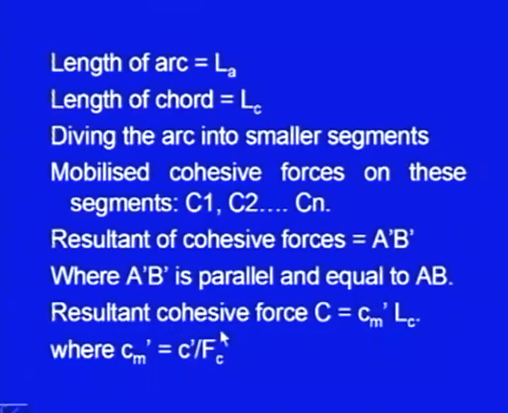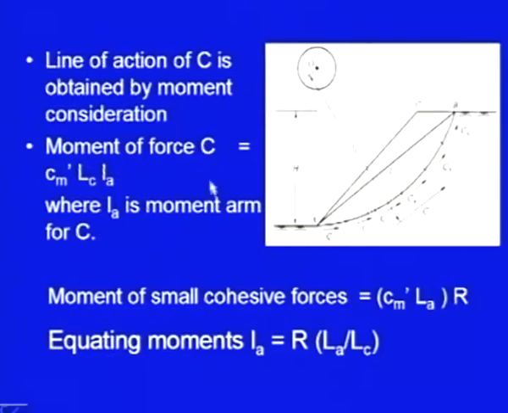So, the resultant cohesive force will be equal to Cm dash into Lc, where Cm dash is nothing but C dash upon factor of safety against cohesion, C dash upon Fc. Now, we know the magnitude of the cohesive force, we know its direction, but still we do not know where it is acting. The line of action of C is obtained by moment consideration.